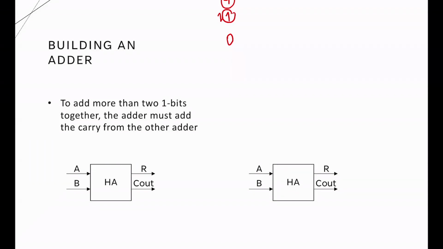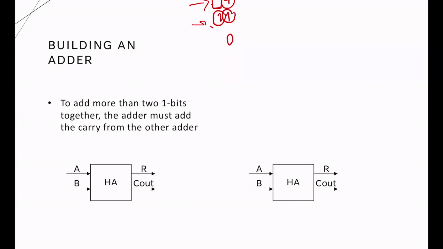Then you add this digit, which is 0 here and 1 here, and you also have to add the carry, 1. So if you want to add 2 numbers together, you actually have to have 3 inputs. So you have A, B, and carry in.